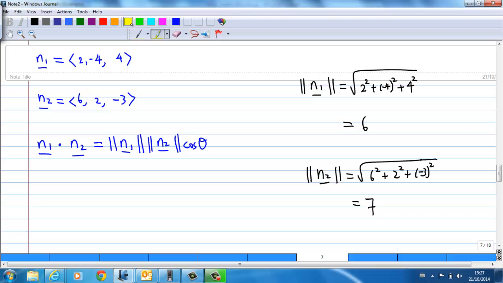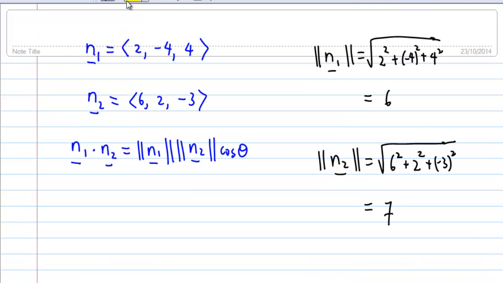Now let's find out the length of n1, which is square root of 2 square plus -4 square plus 4 square, which is equal to 6. Similarly, you can find the length of n2, which is equal to 6 square plus 2 square plus -3 square.